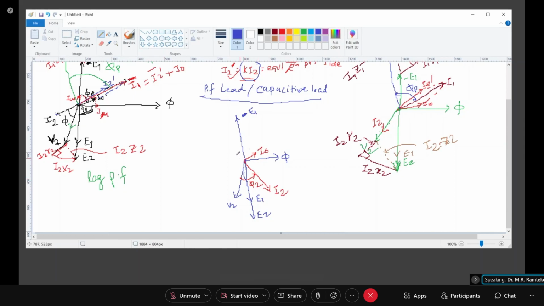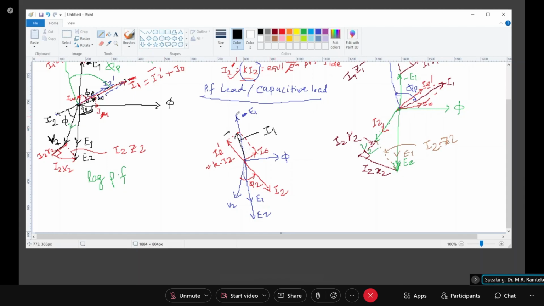I have to reverse this I2 dash, which is given by K I2. And now when I add this together, I'll get my current I1 somewhere here. So this is my I1.